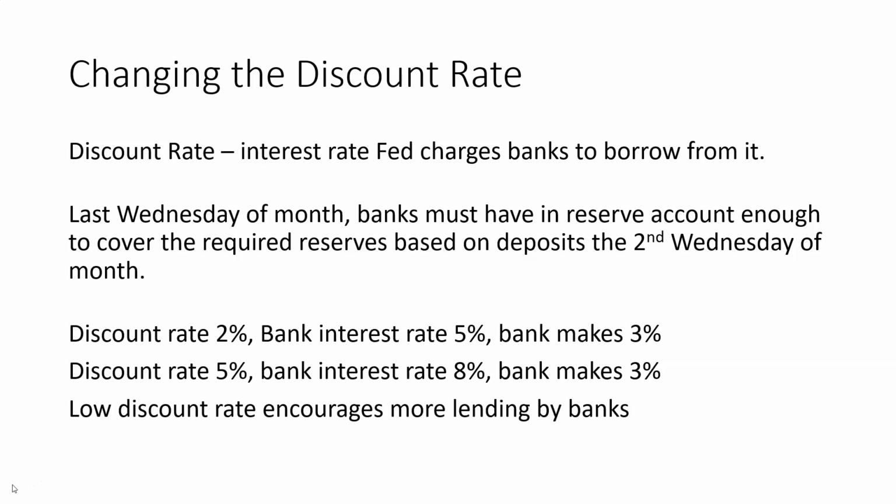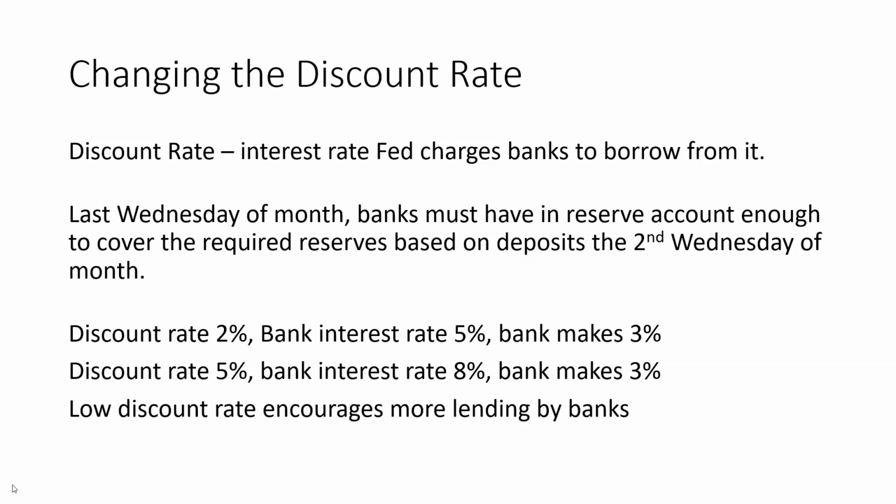And it could have been a problem if banks had lent out too much money, if they didn't have enough to cover their reserves. So this is where the discount rate came in. The Fed will lend banks money to cover their reserve account.